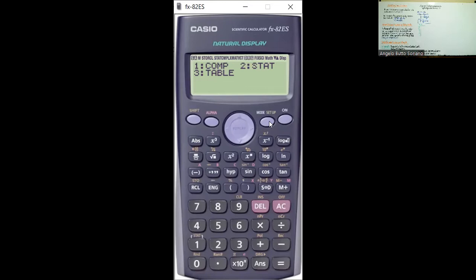The first one is the standard function, then statistics, and table, that means tabular in Spanish. So we're going to select option number 3, and you're going to find f(x). That means the letter y, but instead of using the letter y, we are applying the notation of functions.